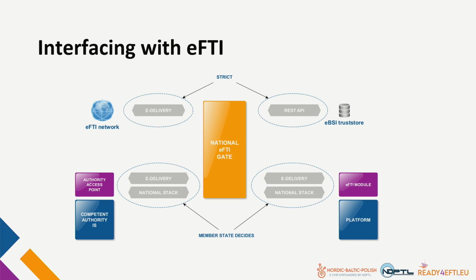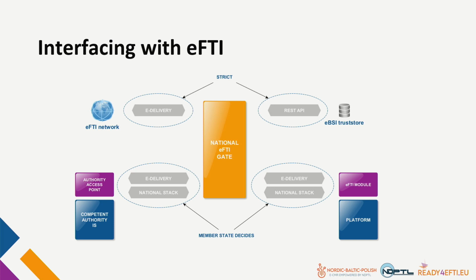So going into more detail, what are the tasks, or what are the components, or what is it that an architect must consider? So what must be implemented in order to connect to the national FT gate? So let's first consider the left side, the competent authority information system.